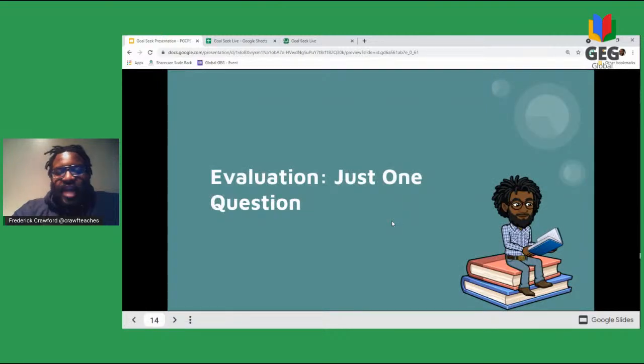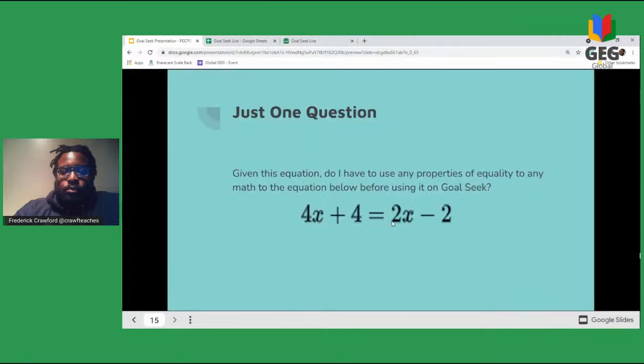All right. Now, before I let you go, I have just one question. Given this equation, 4x plus 4 equal to 2x minus 2, do I have to use any properties of equality, or do any math to the equation before using Goal Seek?